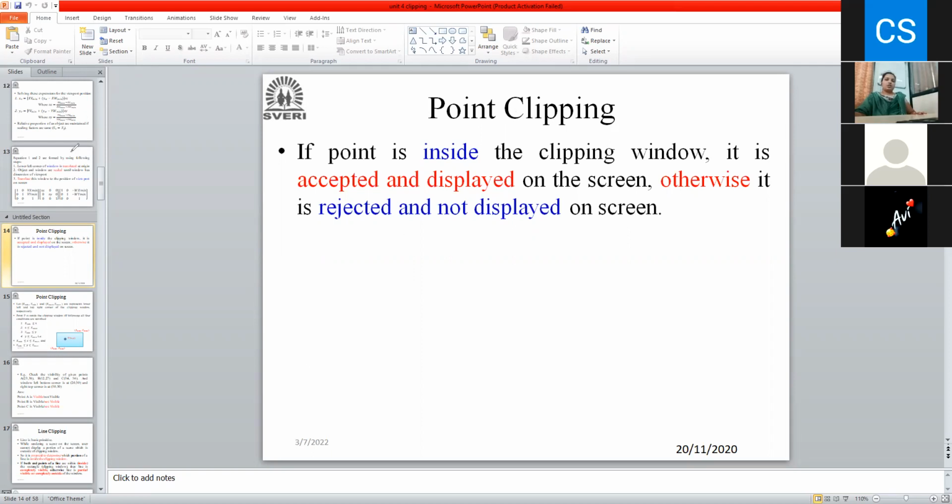So what do you understand by clipping? Definition of clipping, anyone?